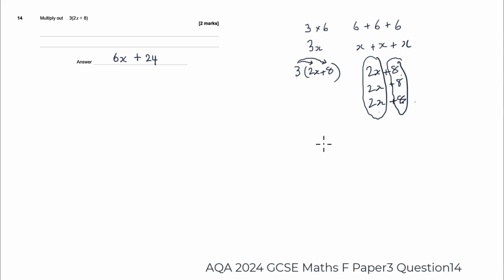Another way that some of you might have been taught is to set the thing out in a table. Three times 2x, 6x. 3 times 8, 24. So it's 6x plus 24. So there's several ways of thinking about this problem.